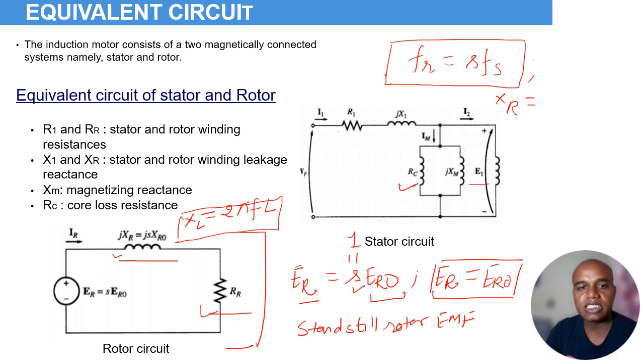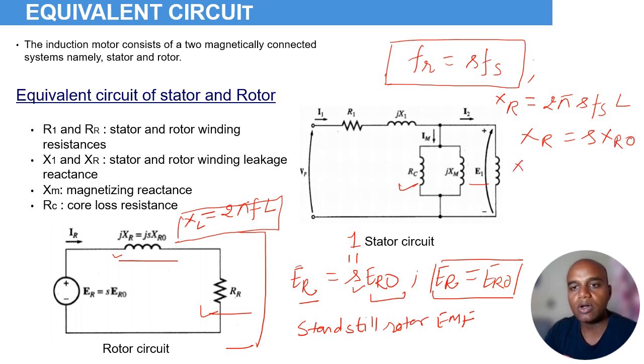So I can say that XR will equal 2 pi and the frequency Fr, which is S times Fs, into L. So XR will become equal to S times XR naught. Here XR naught is the standstill reactance of my rotor.